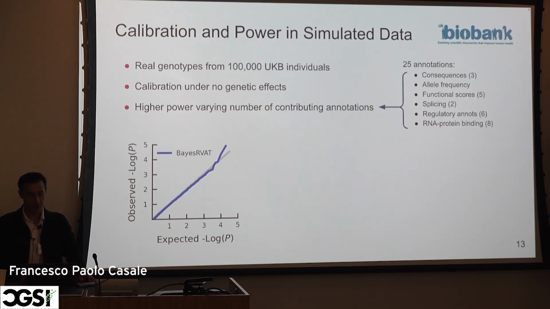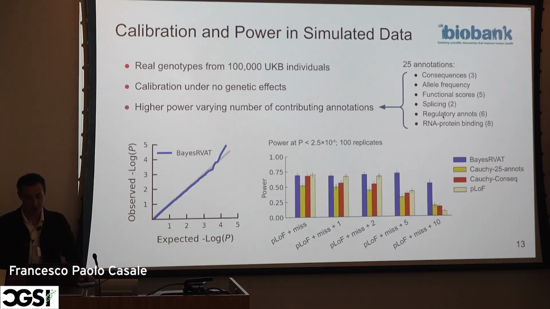And then we also perform power analysis where we use real data annotations, again using the same 25 annotations that I briefly presented before. And so what we see, we compare Bayesian with a Cauchy aggregation that does a single test for each of these 25 annotations, then aggregates using Cauchy, a Cauchy that only integrates consequence tests, and a standard putative loss of function test.